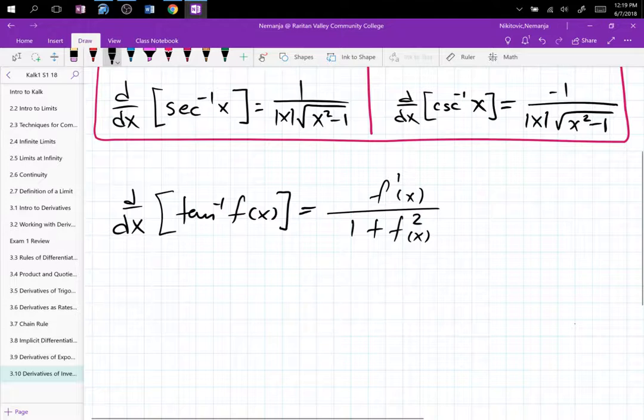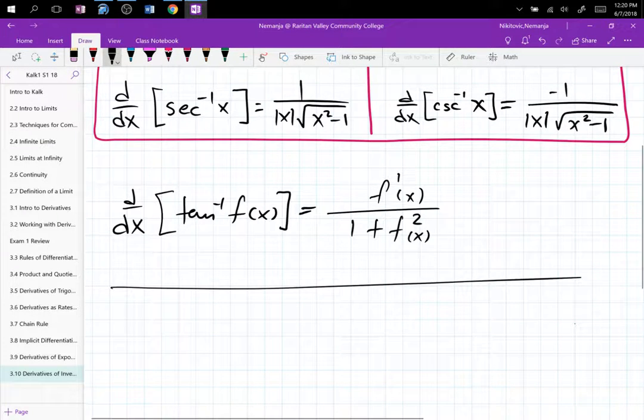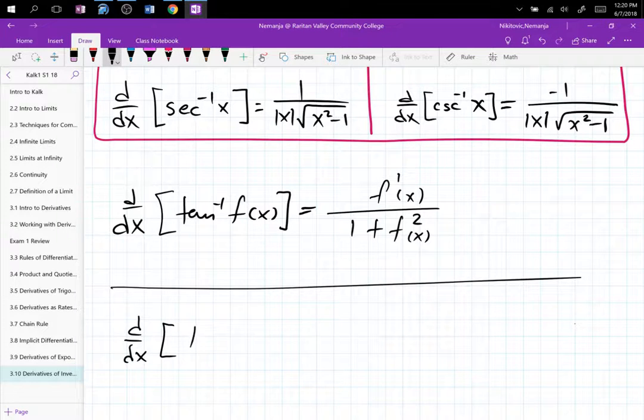Good. So finally, what is the derivative of inverse tangent of, let's say, x cubed minus x plus 9?